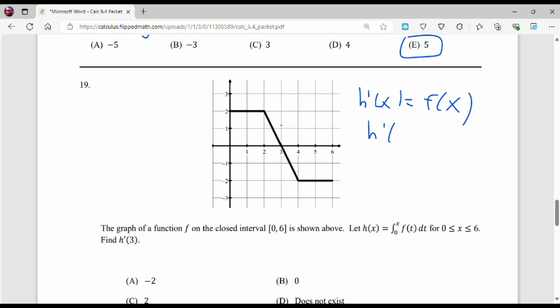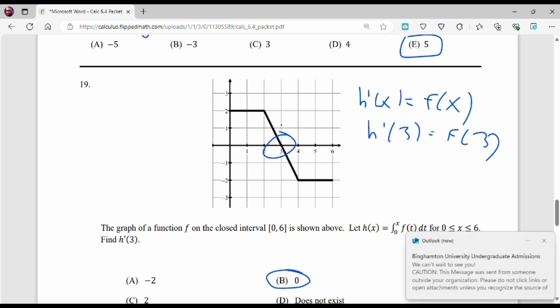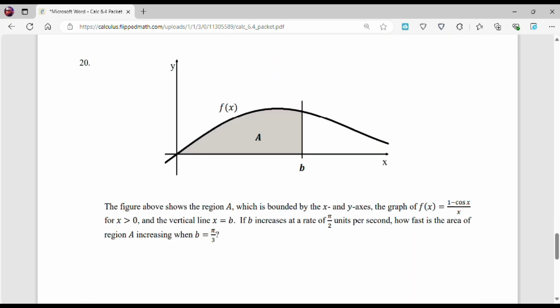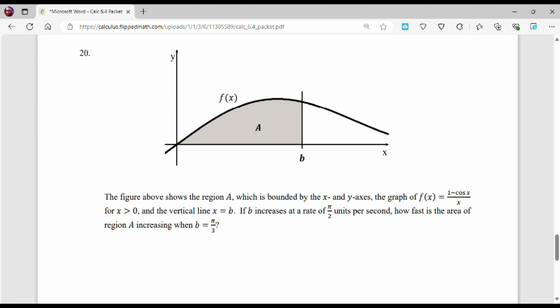So h prime of 3 equals f of 3. And so f of 3 right here, our graph is f, right? So f of 3 is clearly 0. Apologize for that.